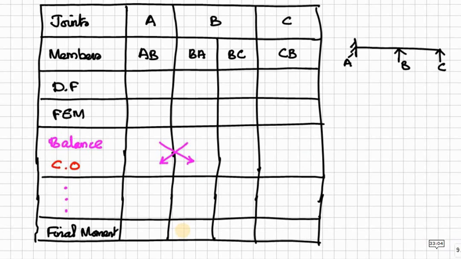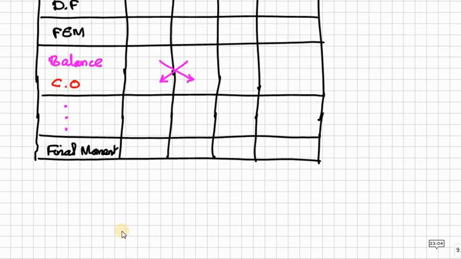The last step is to calculate the final values, adding the values in the vertical column under each member from the fixed end moment to the last balance. That will be the final moment of each member.